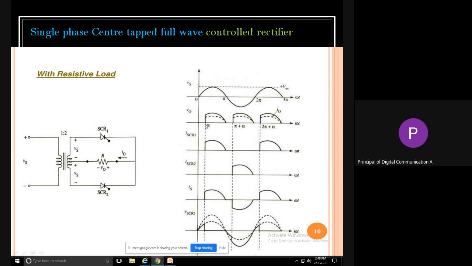That's why we are counting it in terms of the angle. So alpha is the angle at which the SCR is going to be turned on. So this SCR1 will get turned on.